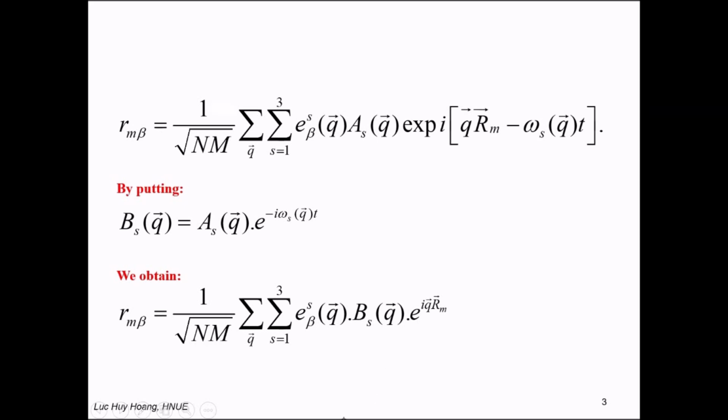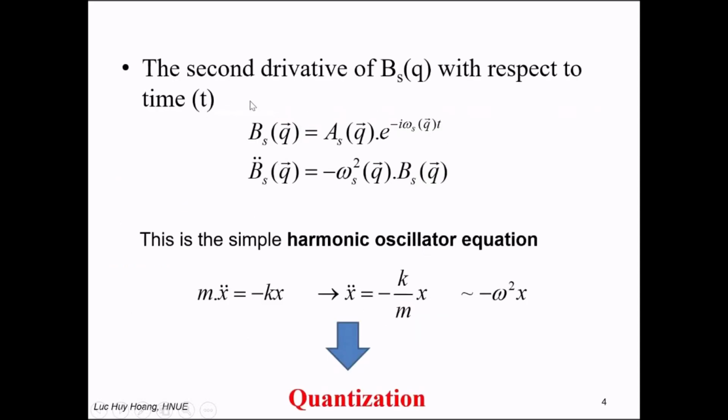Thế thì khi đặt thế này, em thấy là thành phần phụ thuộc thời gian nằm ở đây, đúng không? b_sq, đúng không? Và nếu thầy lấy đạo hàm của R thì chính là đạo hàm của b_sq, bởi vì thầy đặt thời gian vào đây rồi, đúng không? Và như vậy nếu thầy lấy đạo hàm bậc 2 của b_sq thì nó sẽ bằng cái gì?